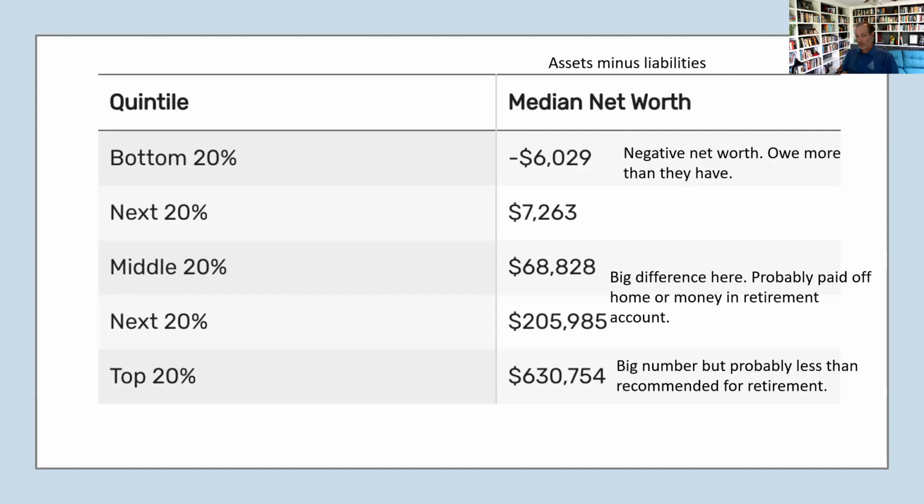But it's not the recommended amount to retire when you think about healthcare costs and all sorts of other things. I should say, we'll look at some really wealthy people. There's a huge range in this top 20% category, right? The median is $600,000, but there are people in here who have billions. So that's a huge range.